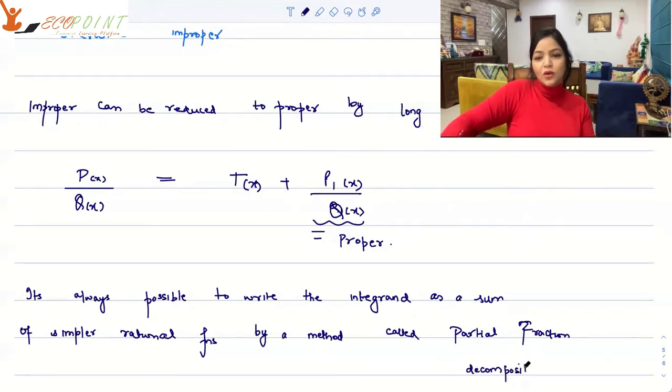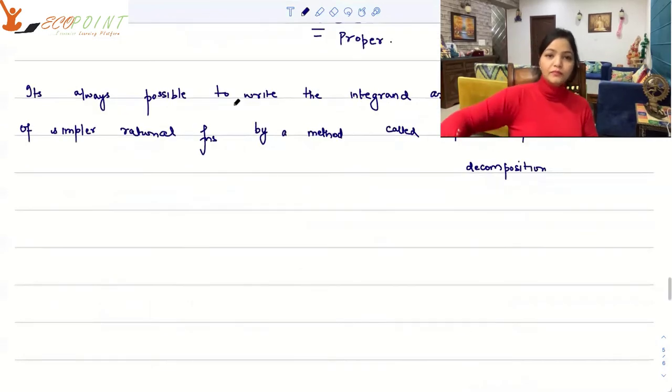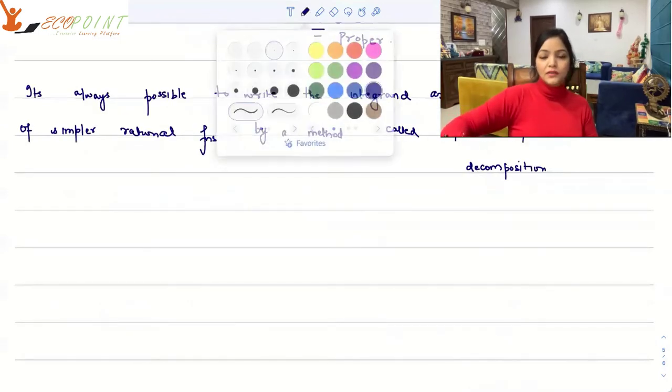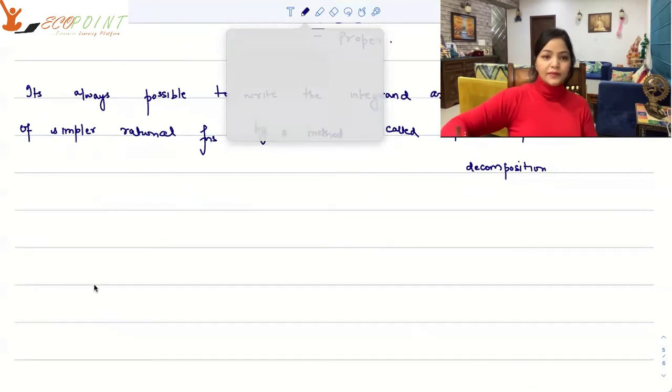So what is this decomposition all about? Let's just mention all the possible cases here.